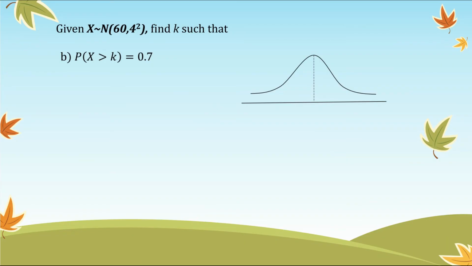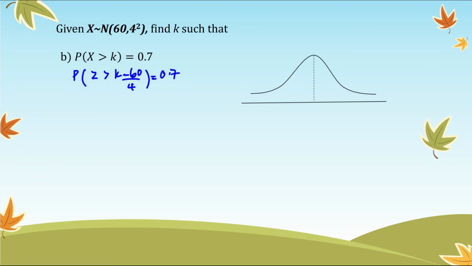For B, we want to find the probability of x greater than k equals 0.7. Now let's use the bell-shaped curve. But first we have to standardize. We use the formula, so P(Z greater than (k minus 60) over 4) equals 0.7.